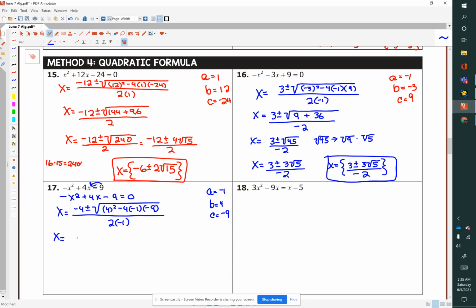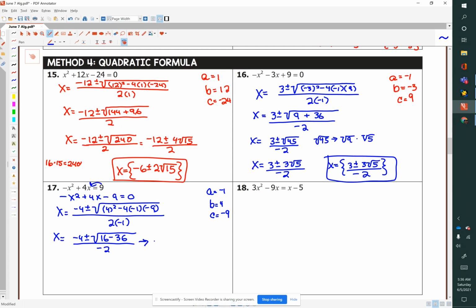And let's continue to simplify. We have our -4 plus or minus, and that will be 16 minus 36. And notice we have 2 negative signs in addition to the subtraction. That means we're going to have still subtraction as we begin to simplify, and that will be over -2.